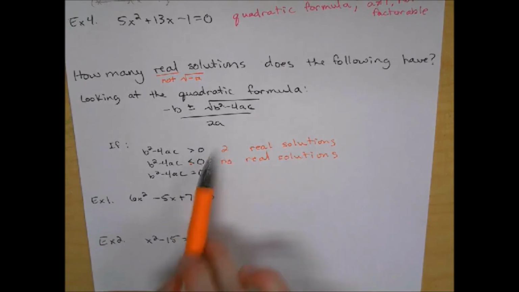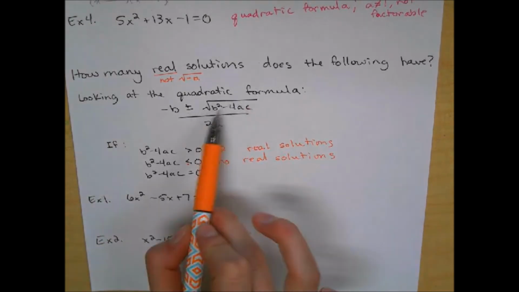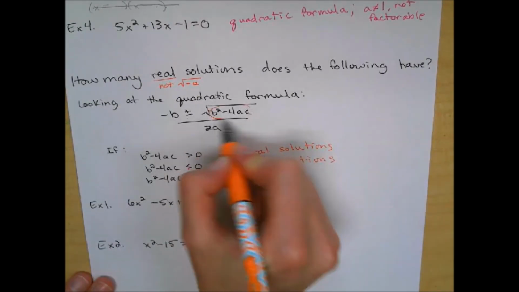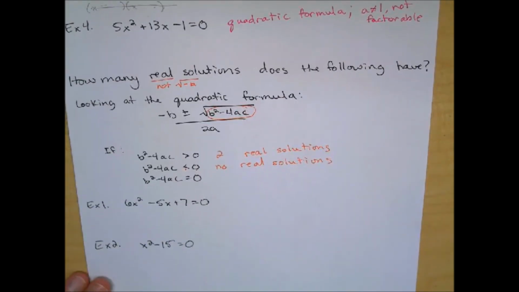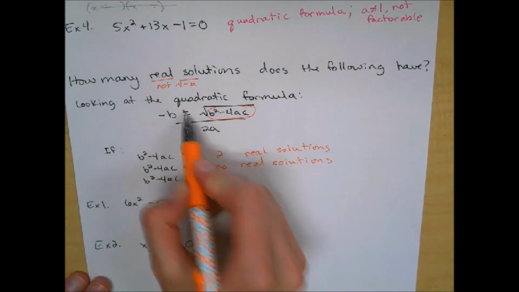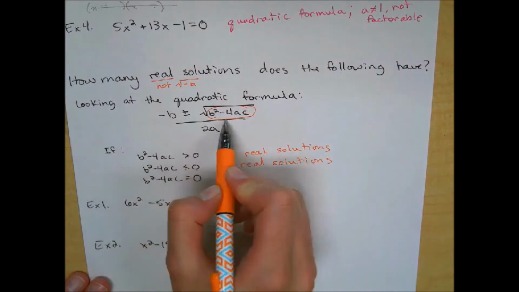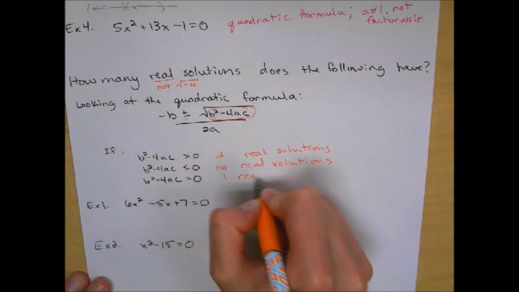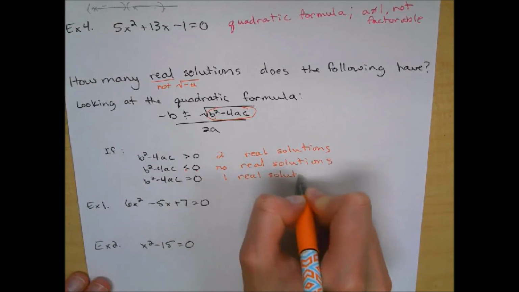If this piece right here is equal to 0, remember, we're always focusing on this piece, then I have the square root of 0 is 0, so I have plus 0, and I have minus 0, which is the same thing. So I would have one real solution.